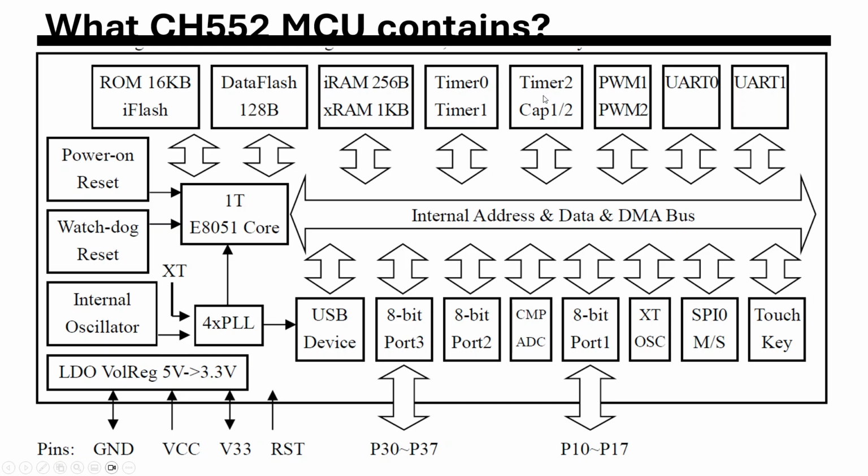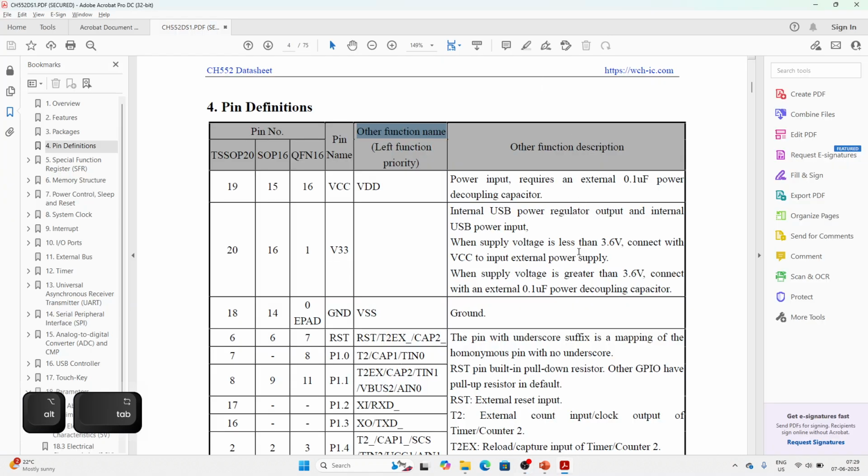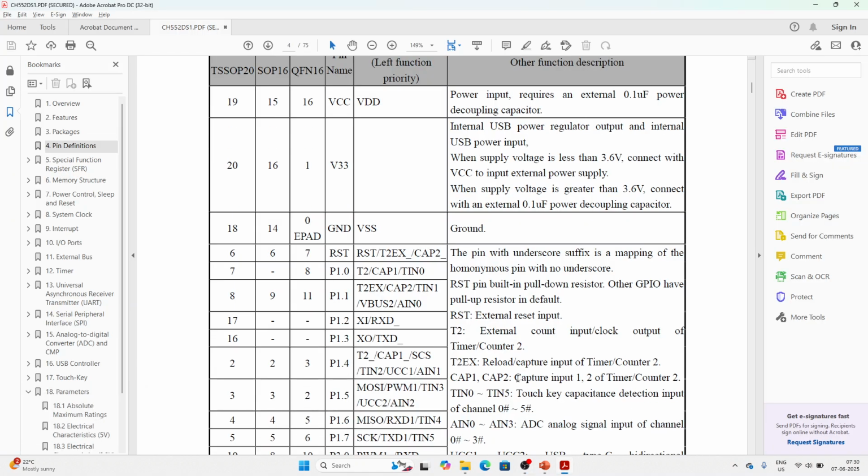Timers: timer 0, timer 1, timer 2. Timer 2 has capture input, or to use the specific language, it has capture input on input 1 and 2 of timer or counter 2, right?